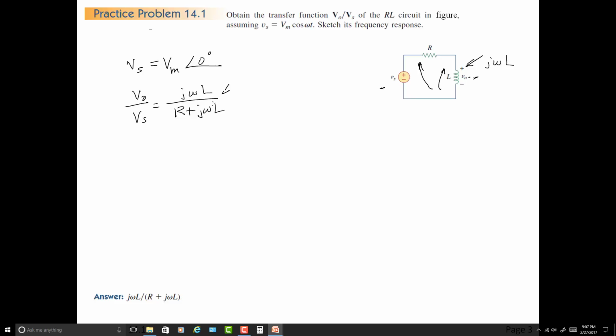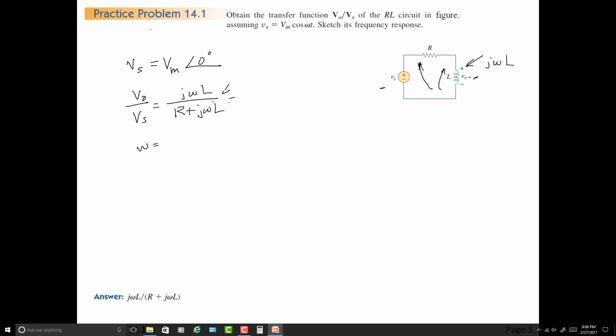But I'm going to take it a step further to make it a little easier for us to plot the magnitudes and phase angles. Let's do a little factoring first.